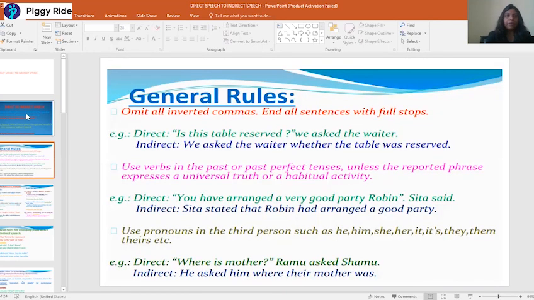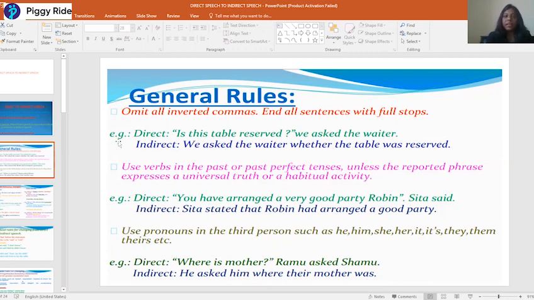General rules, very important: omit all inverted commas and end all sentences with a full stop. So, my dear kids, once you are changing the sentences from direct to indirect, make sure all the inverted commas are omitted and all the sentences end with full stops. Now, let's see some examples.